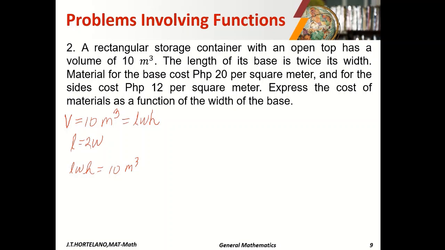Since length is 2 width, this will become 2 width times W times H is equal to 10. Mamaya na ang units. So multiplying, we have 2W squared times H is equal to 10.